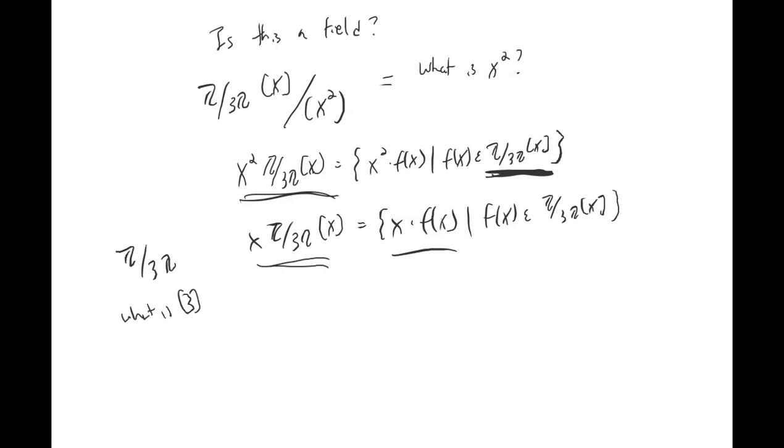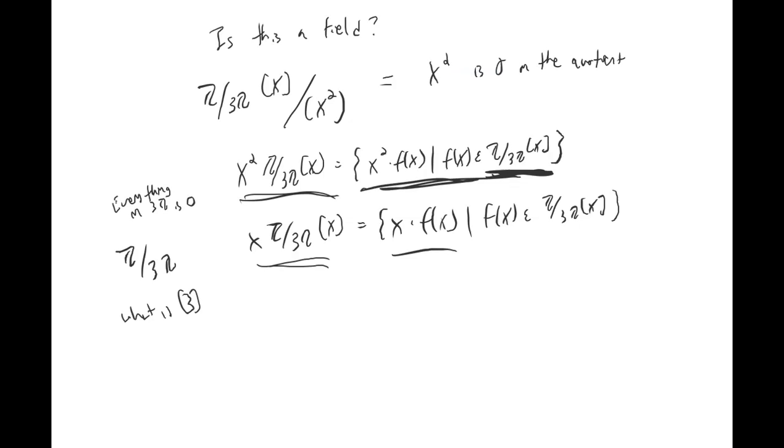It's 0. Basically everything in 3Z. What does quotienting mean? It means everything in 3Z is 0, it's the identity now. So same thing here. Everything in here becomes 0. So x squared is 0 in the quotient. Everyone agree? Yes? No?